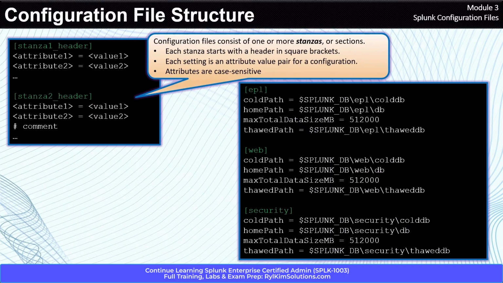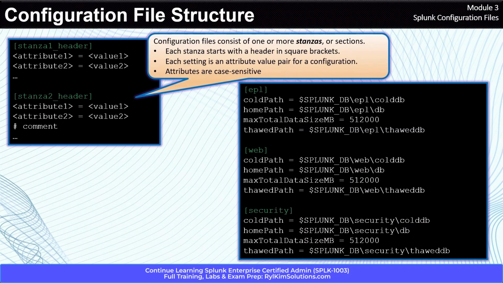So let's suppose that you had a Splunk installation, you were indexing data, and you wanted to create 3 indexes. So you created an index called EPL, an index called web, and an index called security. And let's suppose that you even created these indexes on Splunk Web.